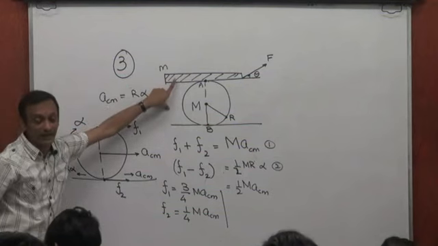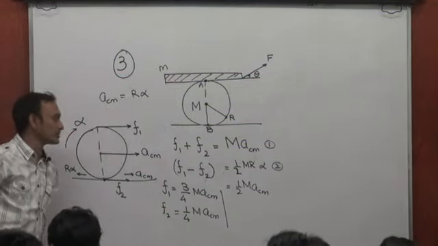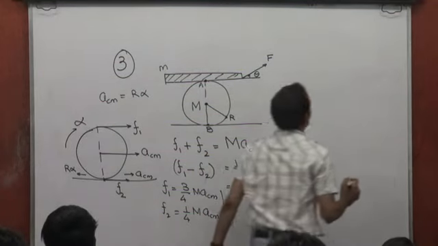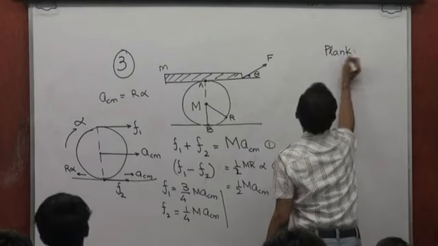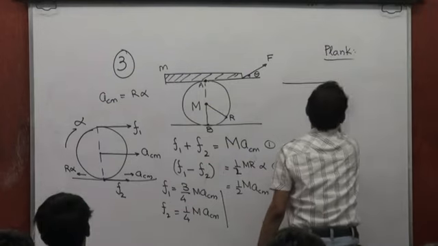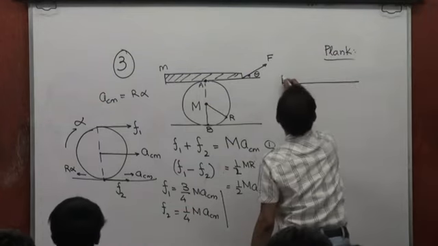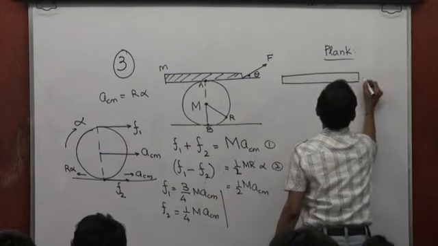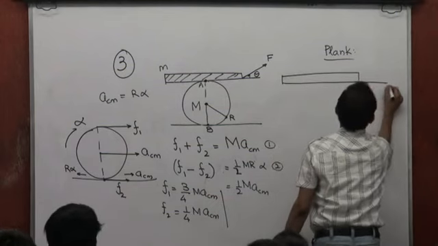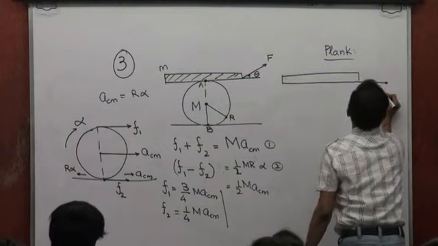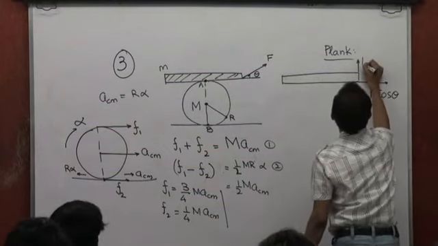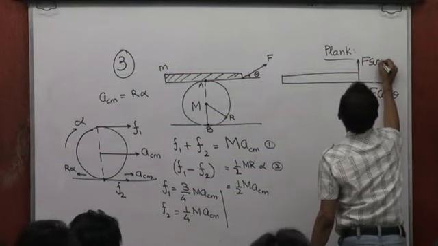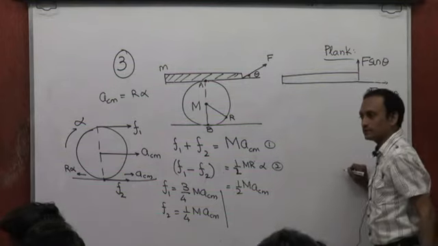Now I'll have to look at the plank side of the story. As far as the plank is concerned, there is F cos theta horizontal, F sin theta vertical.